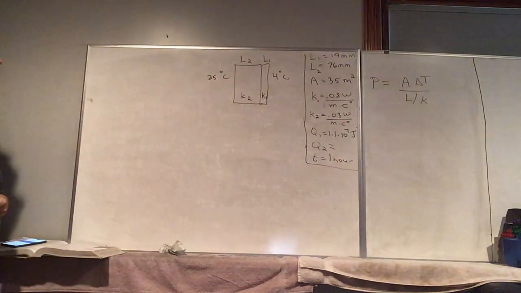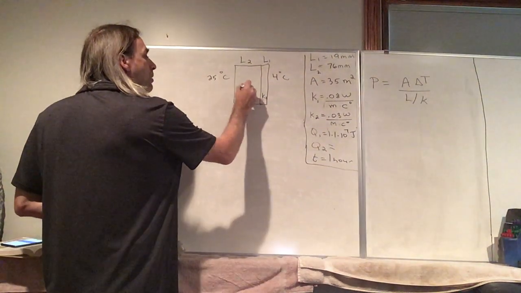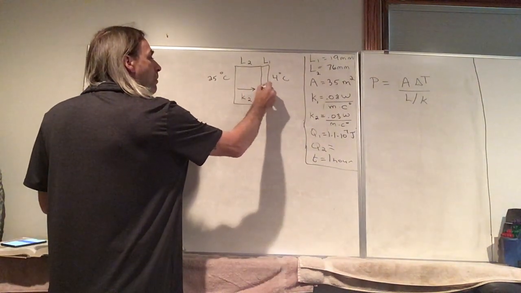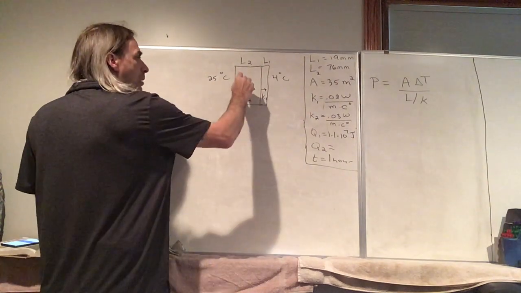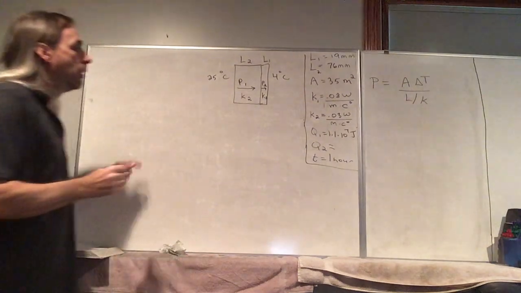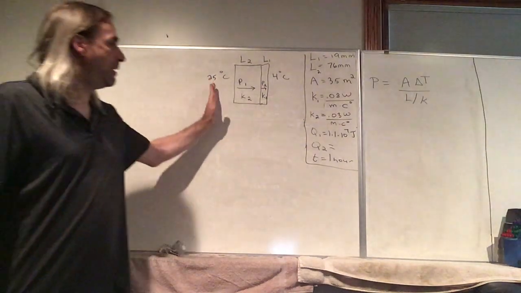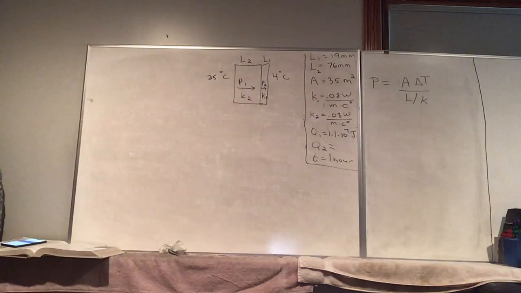Okay, so heat is still going to flow hot to cold. And we're going to look at it like going through each piece. So let's say P1 is the rate that energy is flowing through the insulation.